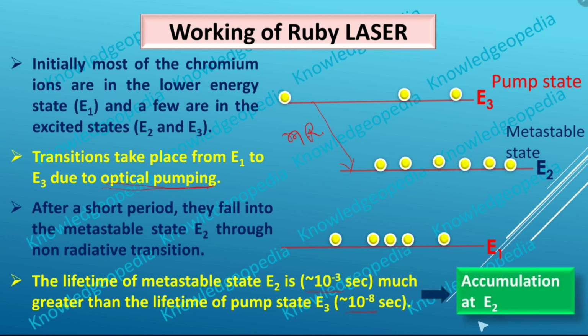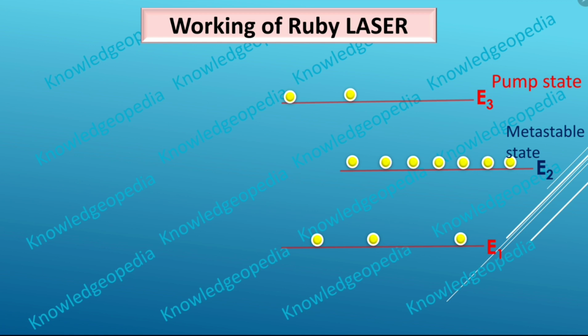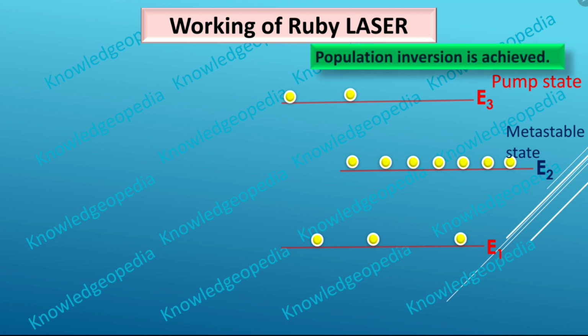So when they are getting accumulated over here and these are being excited from E1 to E3, time will come when we will get more ions accumulated at E2 as compared to E1. So if you compare these two energy states E1 and E2, we can see that population inversion is achieved, and this is the condition to be satisfied for lasing action. So let us move to the next step.